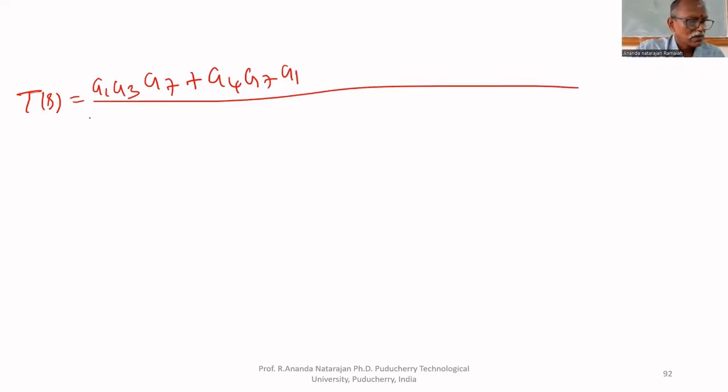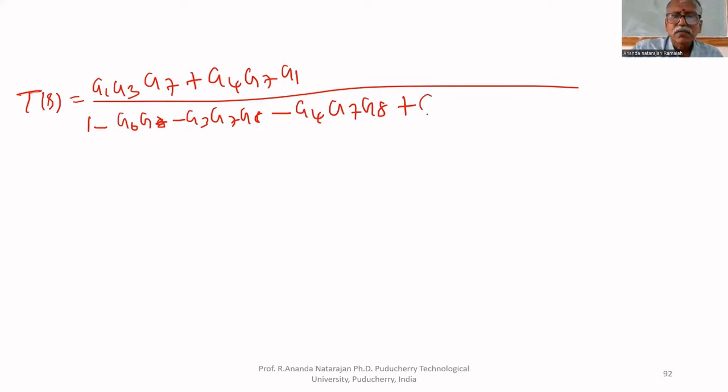P of S equal to, the numerator is G1, G3, G7 plus G4, G7, G1 whole divided by 1 minus G6, G7 minus G3, G7, G8 minus G4, G7, G8 plus G1.